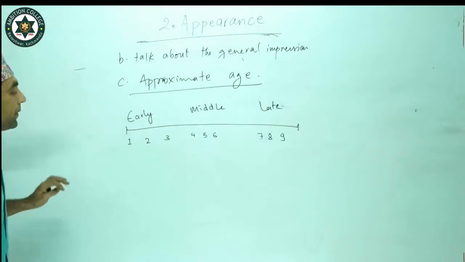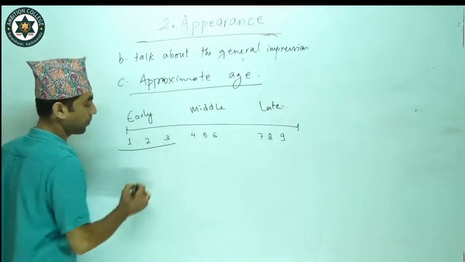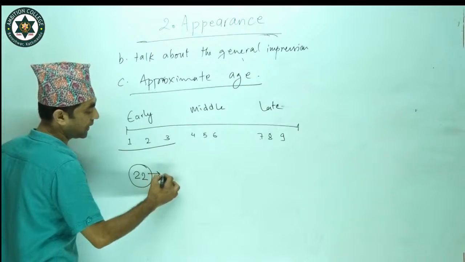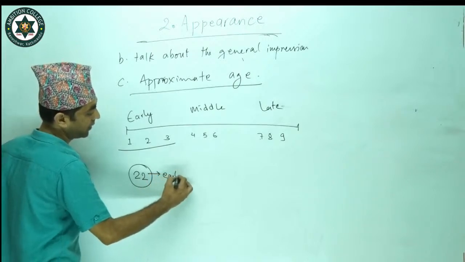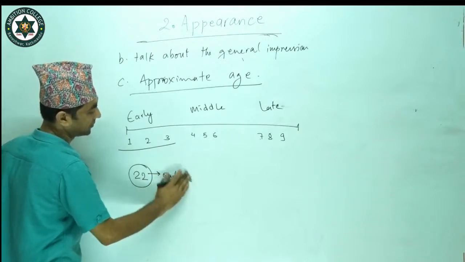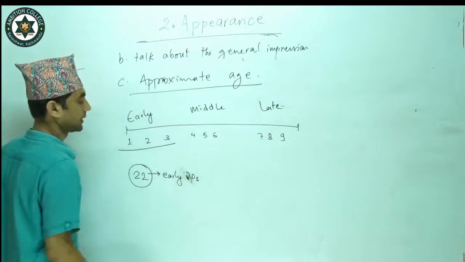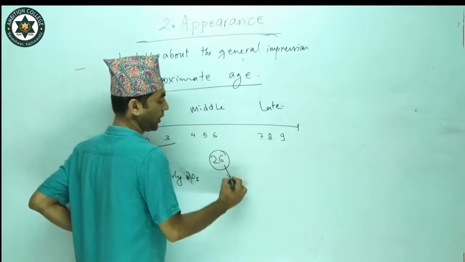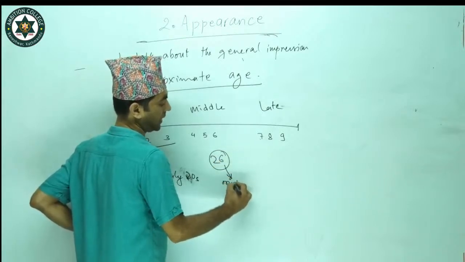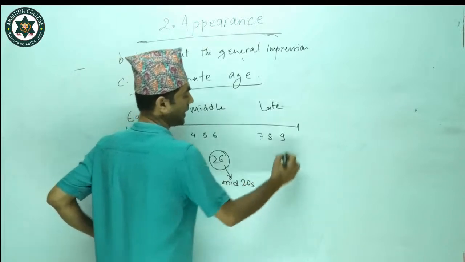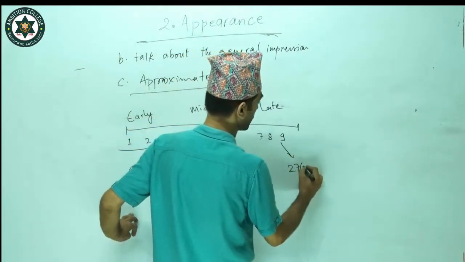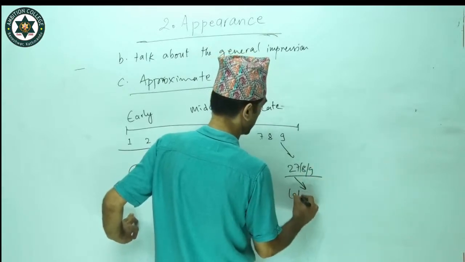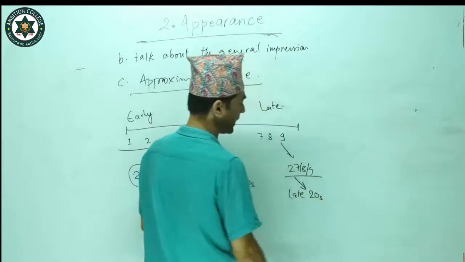If a person is 22 years old, we say he is in his early 20s. If the person is 26 years old, we say he is in his mid 20s. If the person is 27, 28 or 29 years old, we say he is in his late 20s.